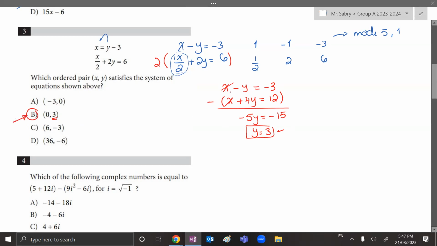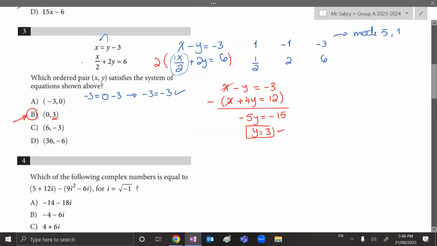So those are the 2 methods we've discussed. The third method is to try the points out. So substitute with those points. For example, put x as negative 3 and y as zero and see whether the equation comes out right or wrong. So I'll try in the top equation, in place of x negative 3 and in place of y 0, and minus 3. That will be negative 3 equals negative 3, which is true.